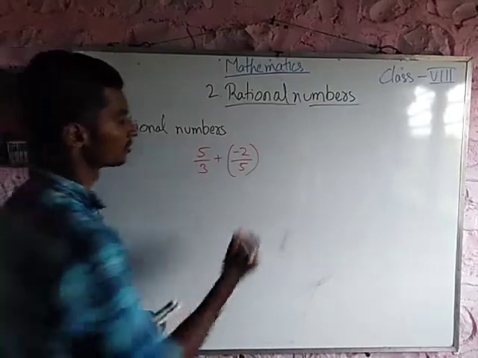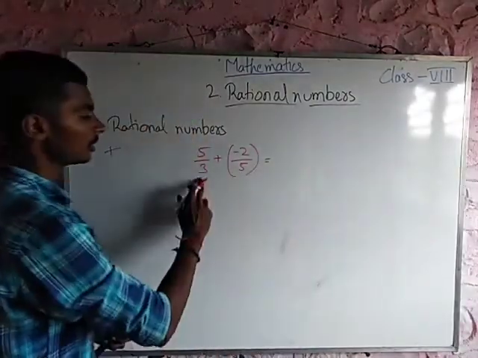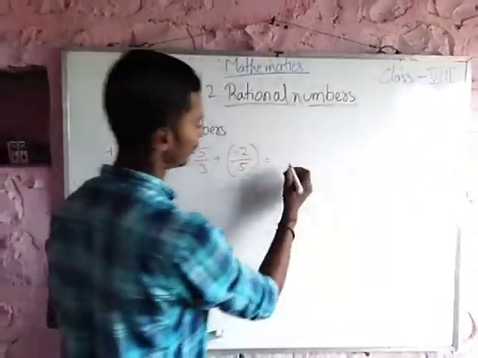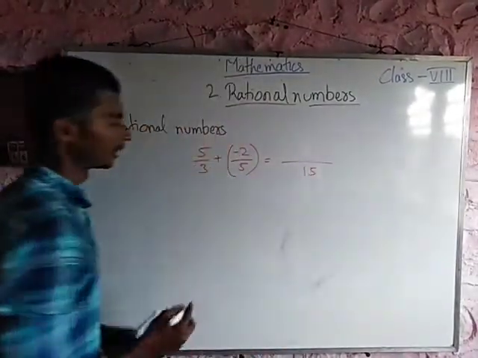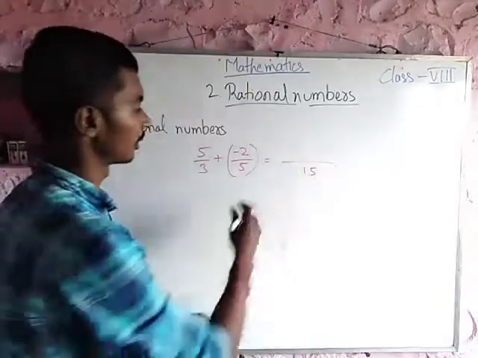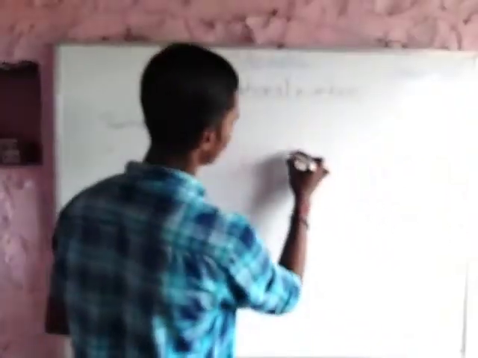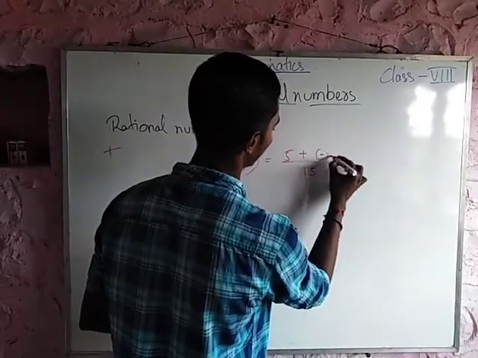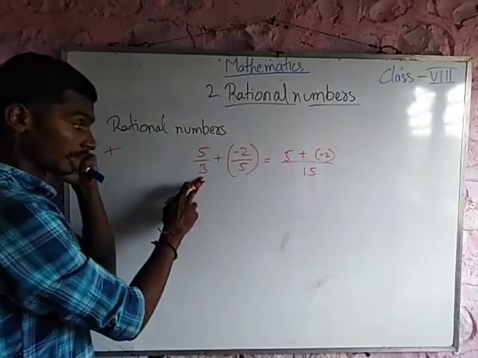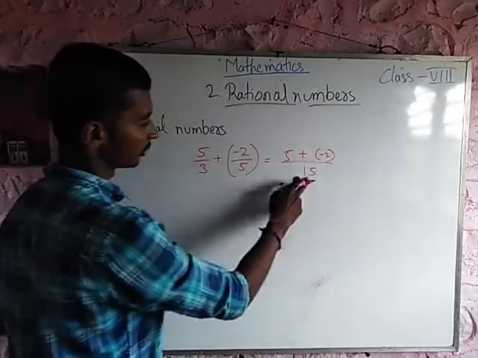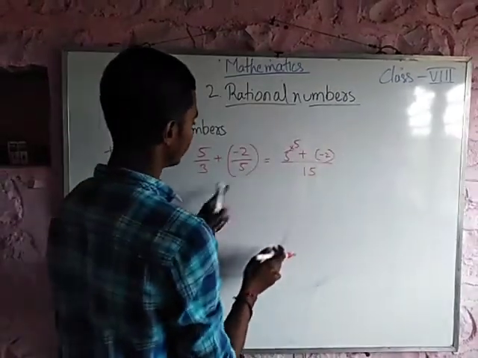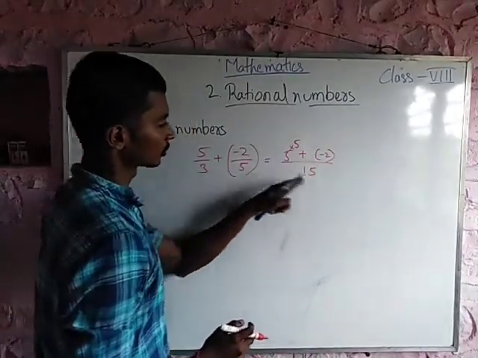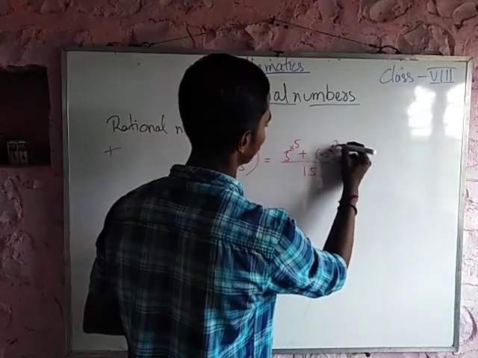Okay, this is a plus b. How to simplify this? Denominators must be multiplied and written in a common way, so that they are common for both. Now 3 when multiplied with 5 gives me 15, so into 5 here, and 5 when multiplied with 3 gives me 15, so into 3 here.